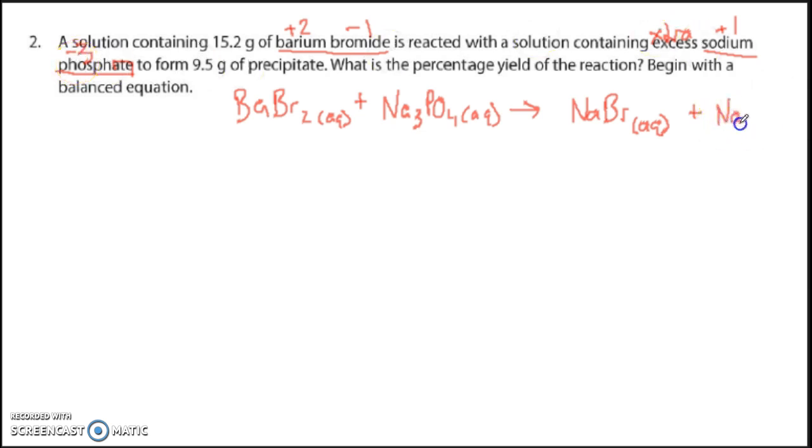So not NaPO4, Ba takes a 3 and phosphate takes a 2. And since this was in solution, this must be my solid precipitate. So Ba3(PO4)2. So that's my balanced equation.